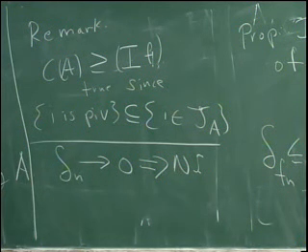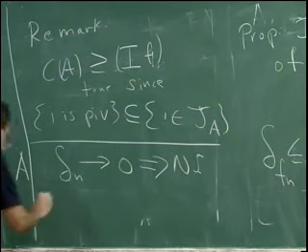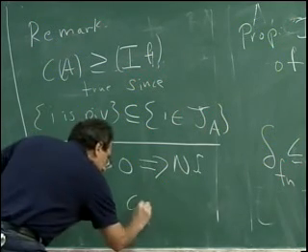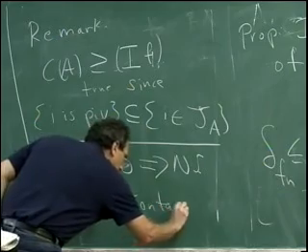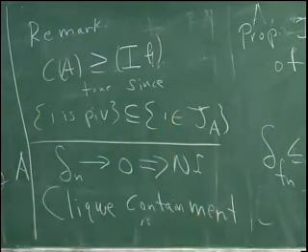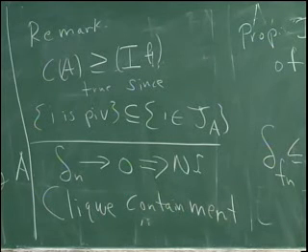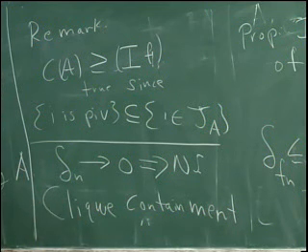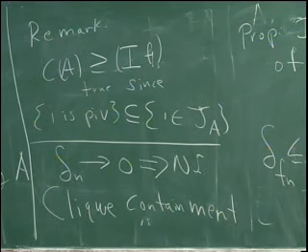But for monotone functions, in fact, the converse is not true. And there's a nice example, clique containment, which I'm not going to describe in detail here; it's in the notes and was perhaps discussed in the exercises. This is a nice monotone example which is noise sensitive, but you can prove, and there's an outline in the lecture notes, that the revealment doesn't go to 0.